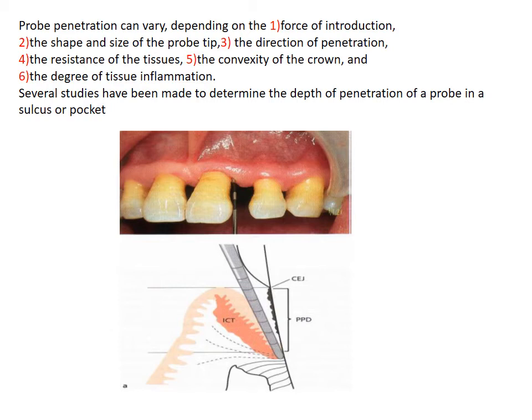The distance from the cemento-enamel junction to the base of the pocket is loss of attachment, while the distance from the free gingival margin to the base of the pocket is probing pocket depth. If these distances are equal, it means a true pocket with no loss of attachment. If the probing depth is less than loss of attachment, it means gum recession.